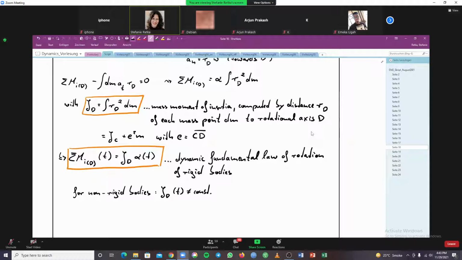But again, it's important to know, but in our class, we are only considering rigid bodies. We do not consider non-rigid objects, okay?